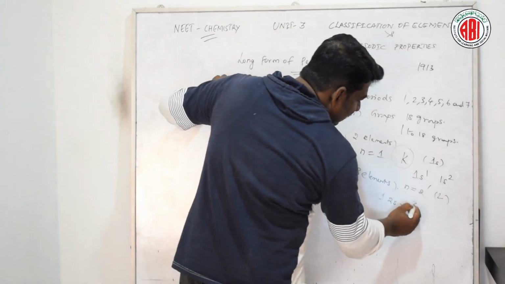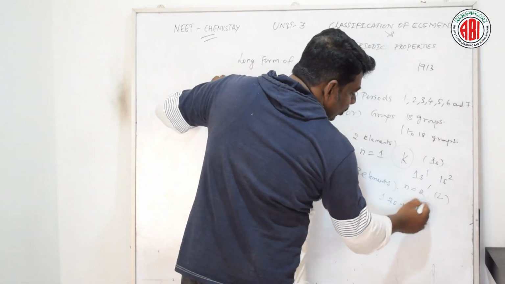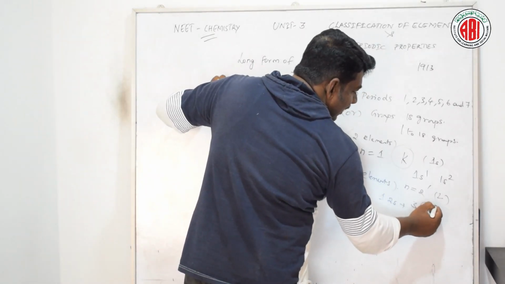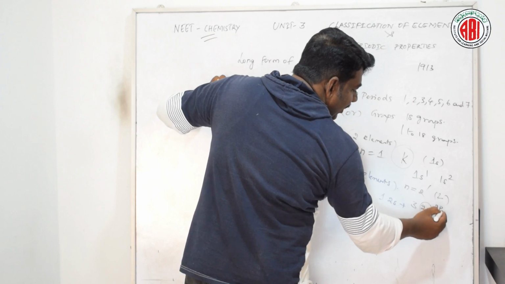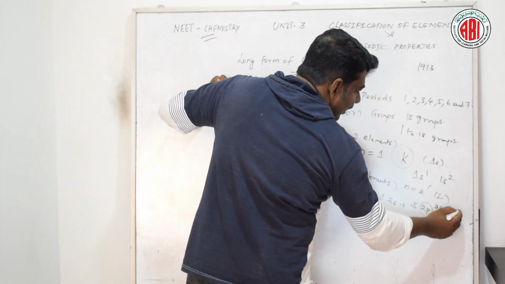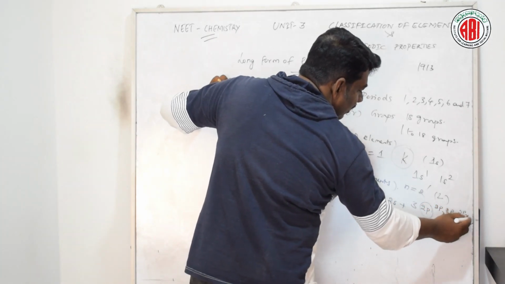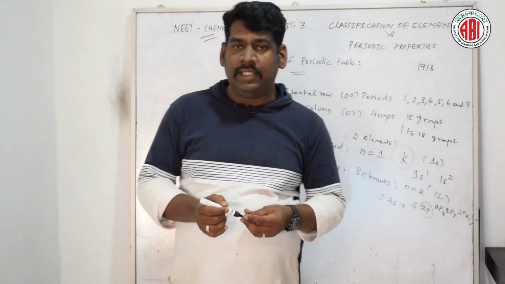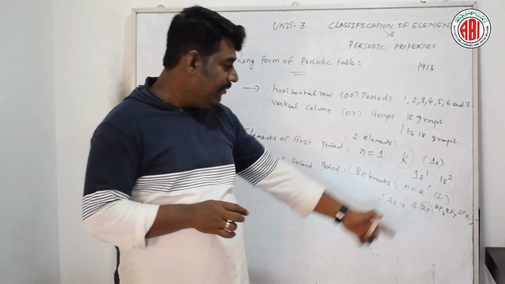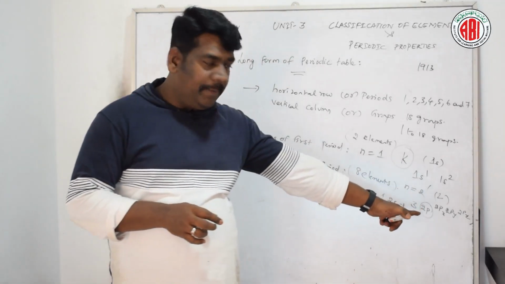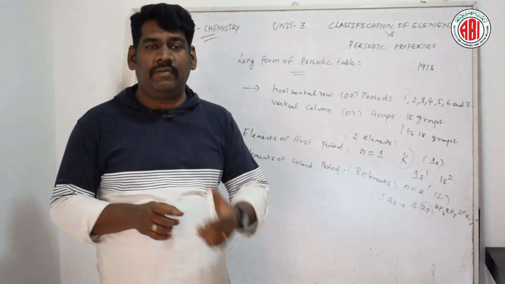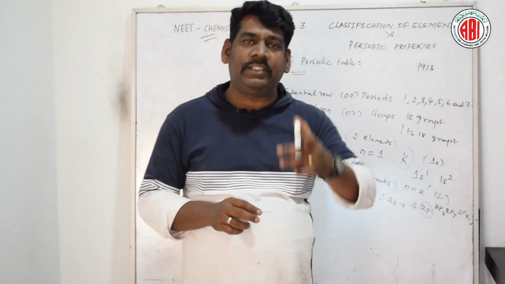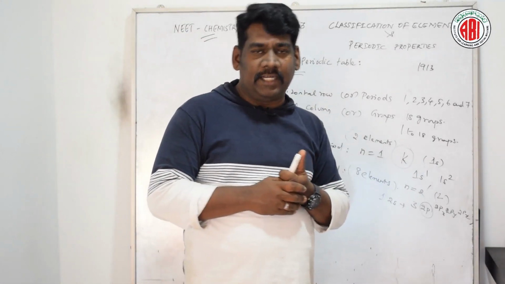These 2p orbitals are considered as 2px, 2py and 2pz. So these are the three different orbitals, right? Now overall we can see there are 3 p orbitals and 1 s orbital. So overall 4 orbitals in the elements present in the second period.